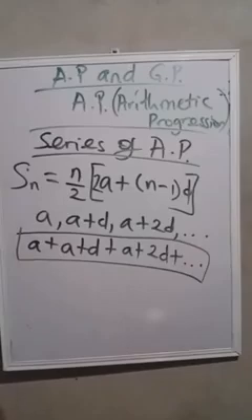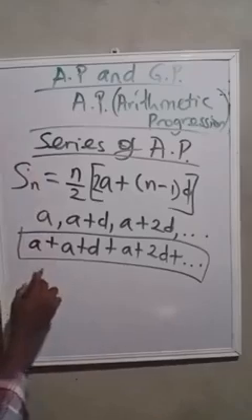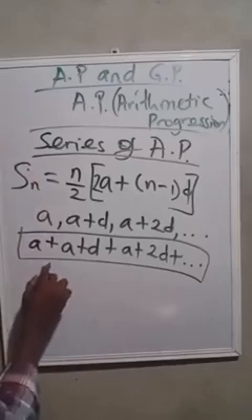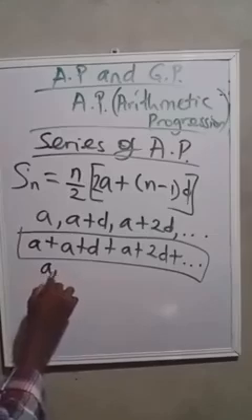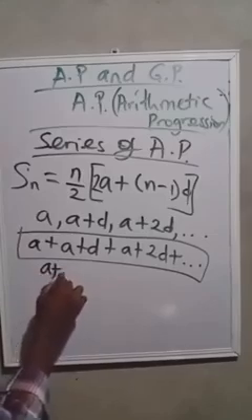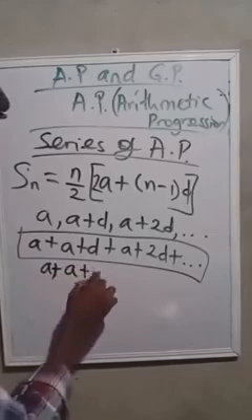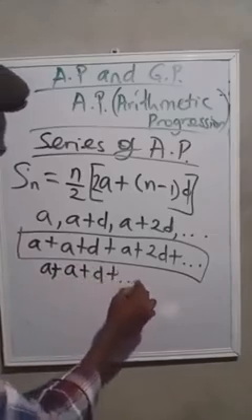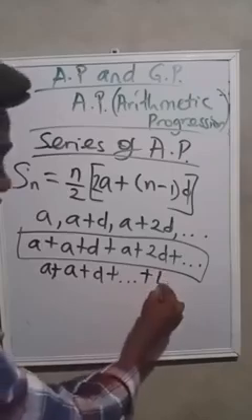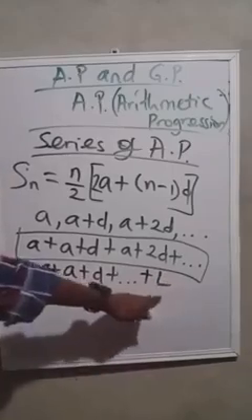Now, let's assume that you already have your last term in your sequence. You have a, plus (a plus d), plus dot dot dot, until you get to your last term.